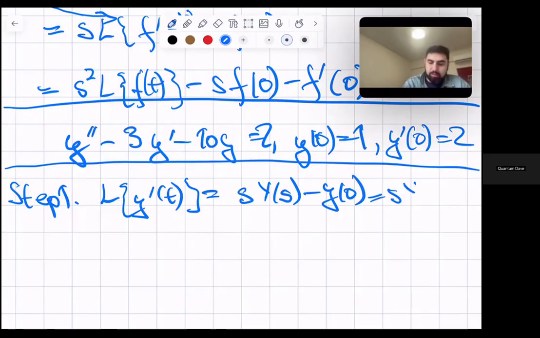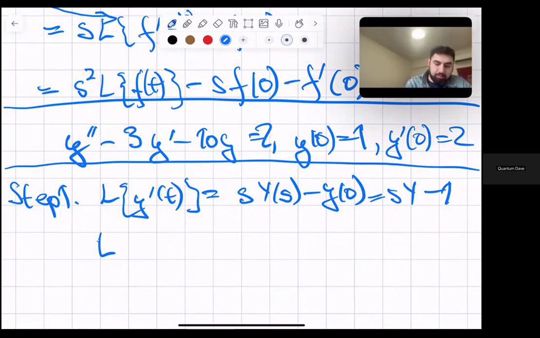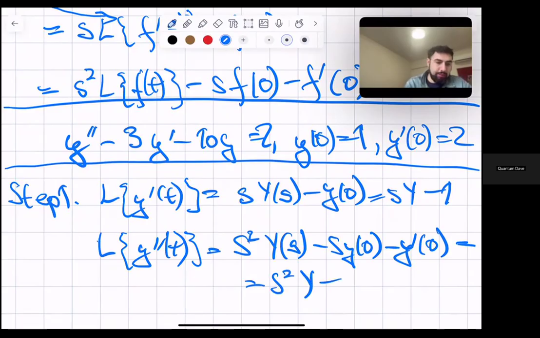That's sY minus 1, because y(0) is 1, yes. Now for the second derivative, we will get s squared Y(s) minus s y(0) minus the derivative at 0. And we substitute the values of y(0) and the derivative at 0, and we get s squared Y minus s minus 2. Okay.